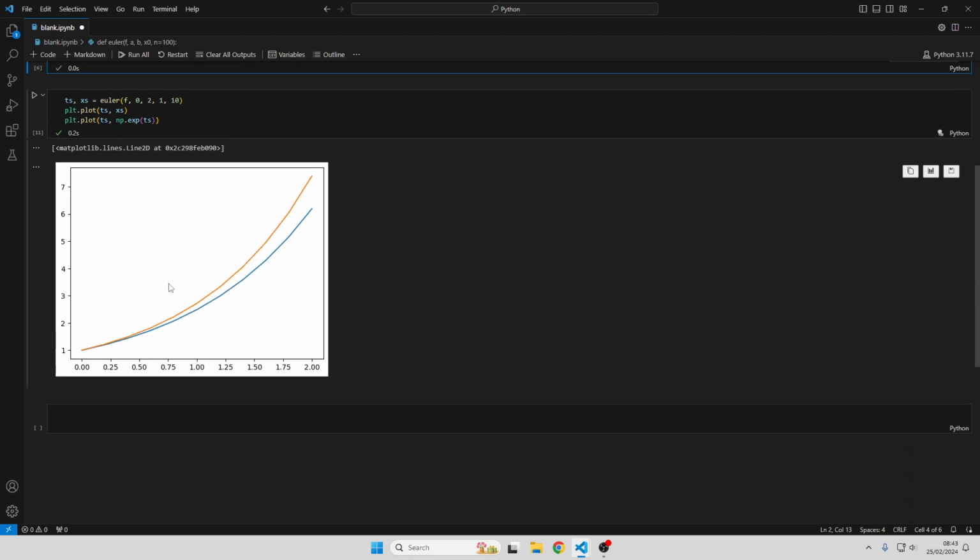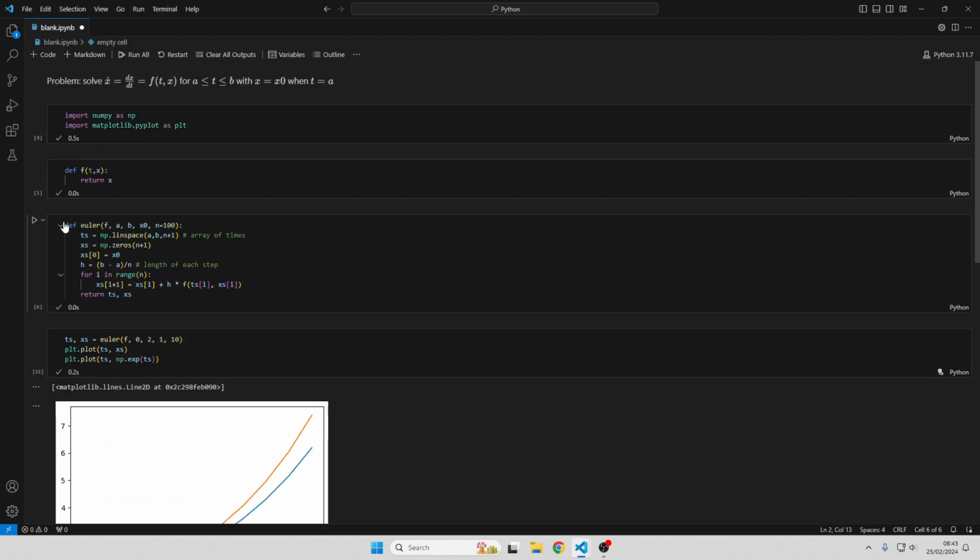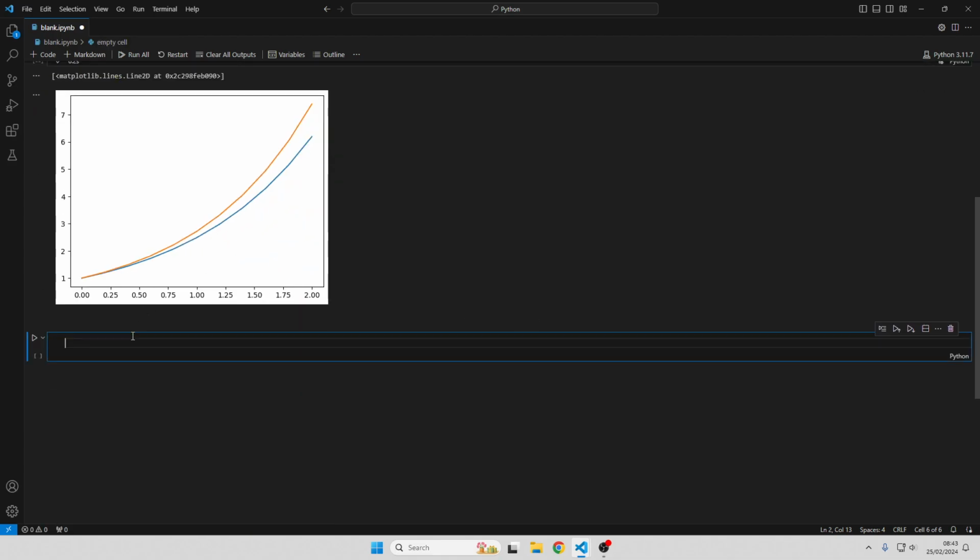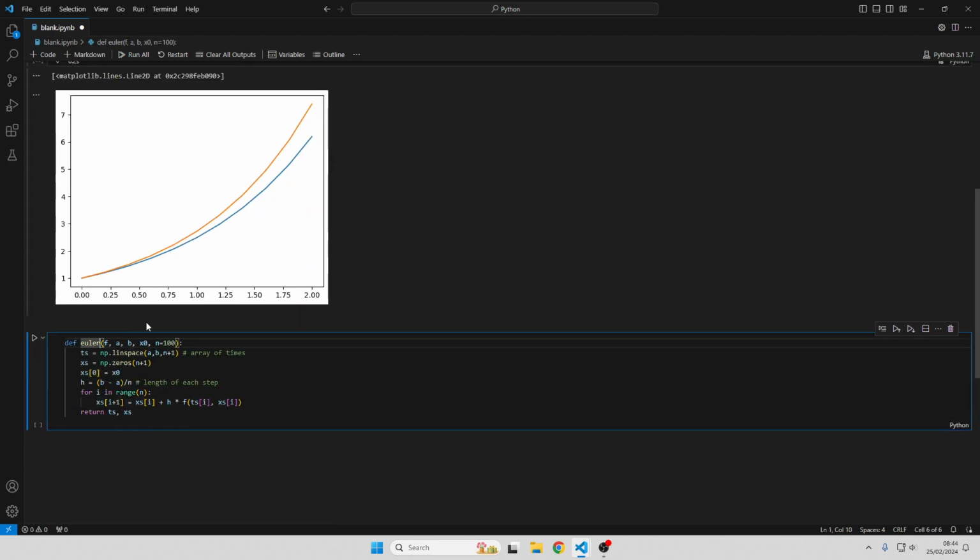So let's see if we can improve that a little bit. Let's just copy this. I'm going to define a new method called the midpoint method.